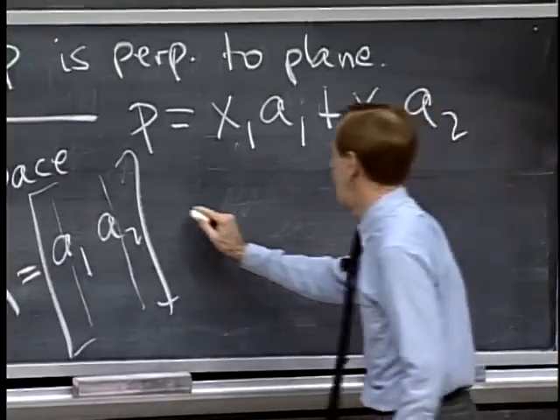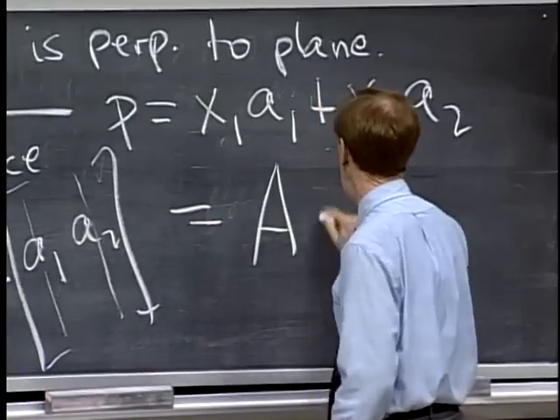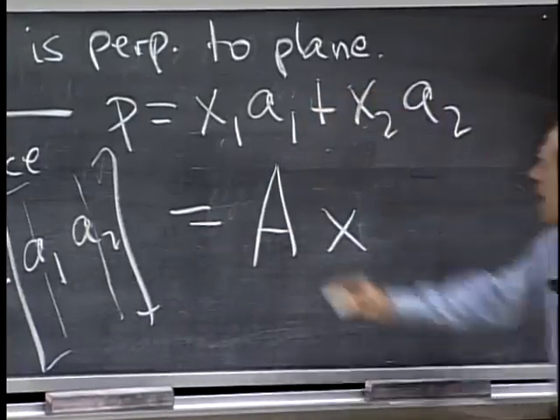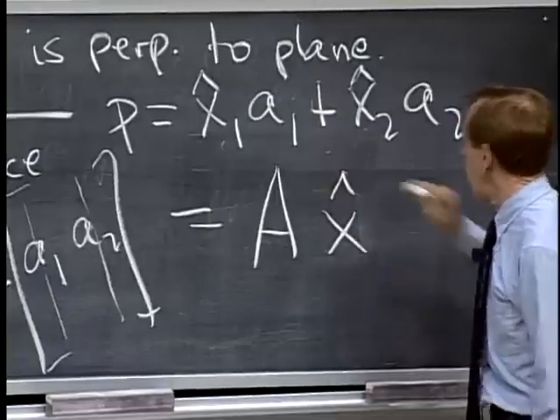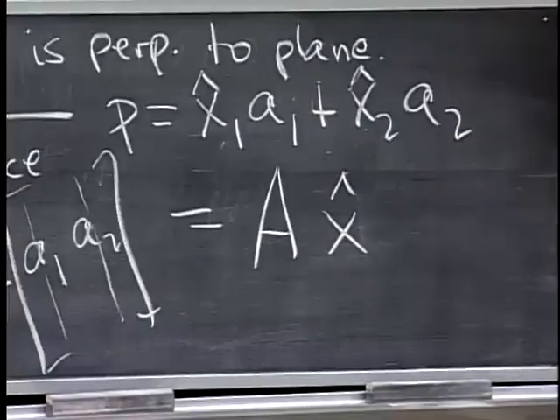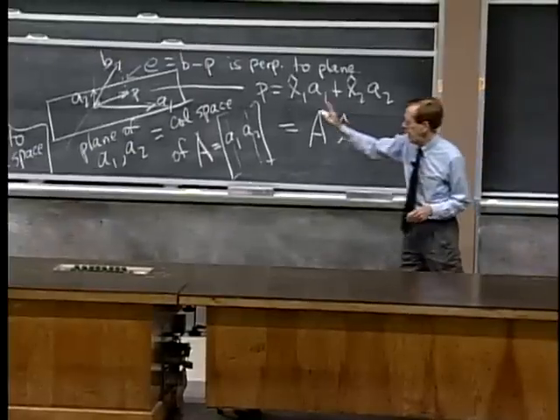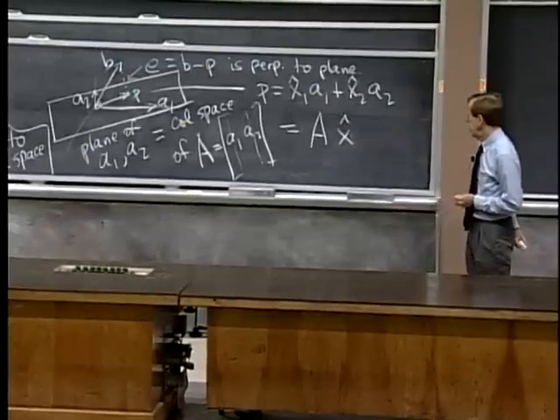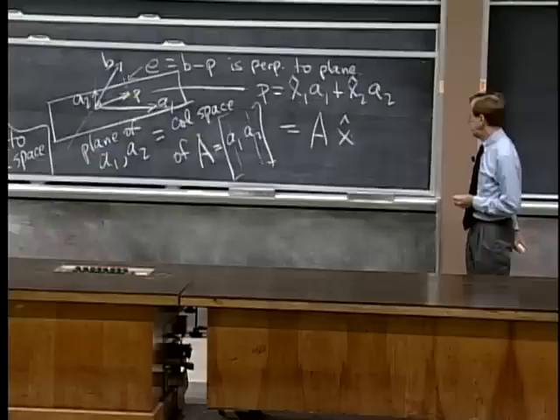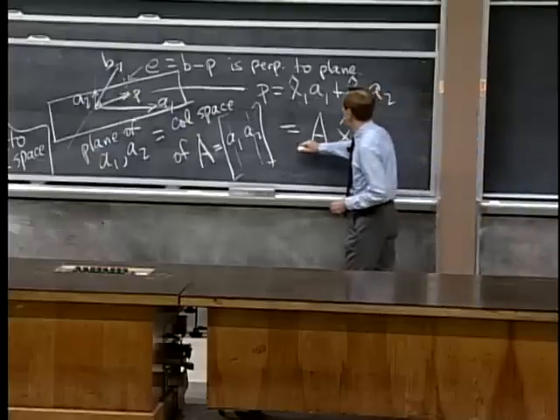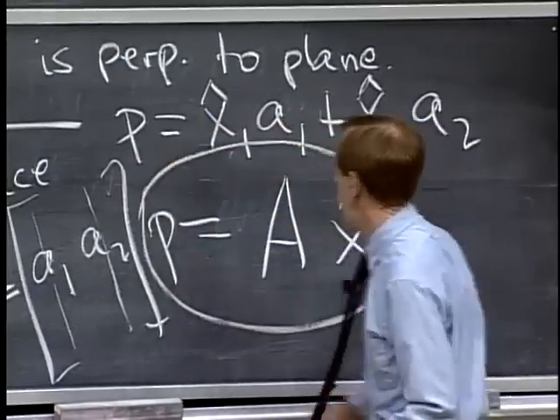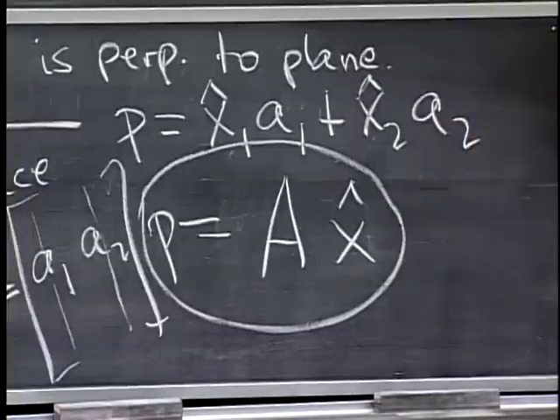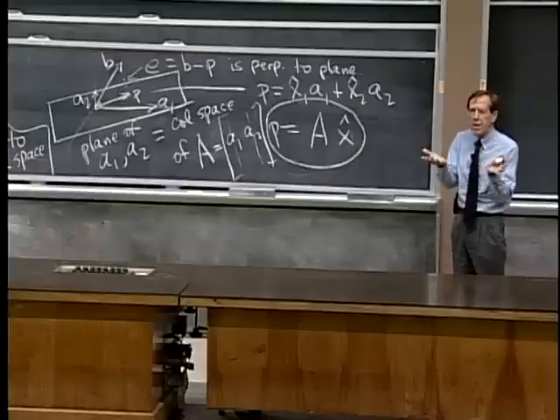I would rather write that as Ax. Well, actually, I should put a little hat on it, to remember that those are the numbers. So this is the projection, P. P is A x bar, and I'm looking for x bar. So that's what I want in an equation.